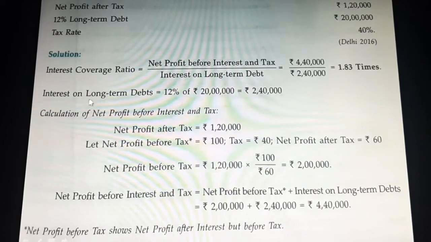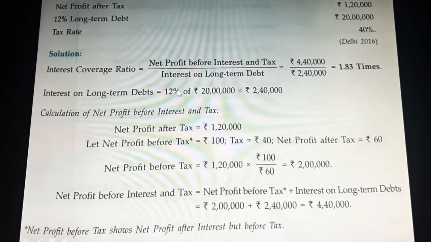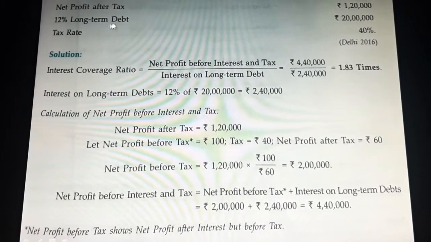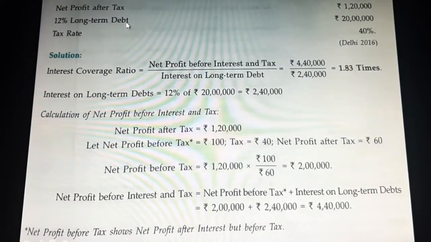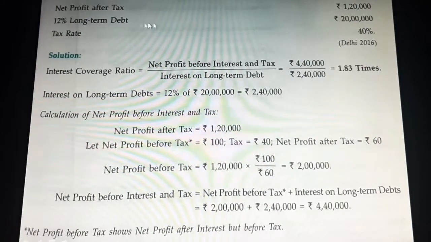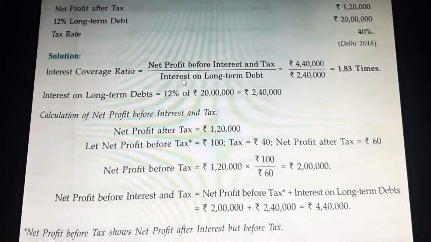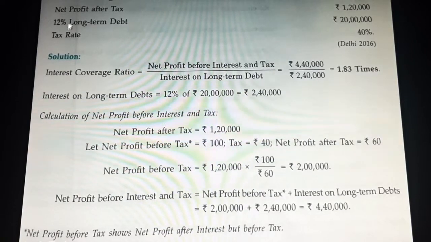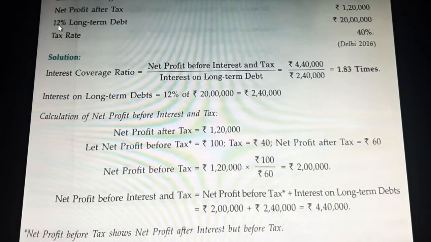Next step is calculation of interest on long-term debt. You are provided with long-term debt. Long-term debt may be debentures or bank loan. You are given that long-term debt is 20 lakh. You are supposed to calculate your interest on long-term debt. The rate of interest is given in front of you, that is 12%. This 12% represents the interest rate.